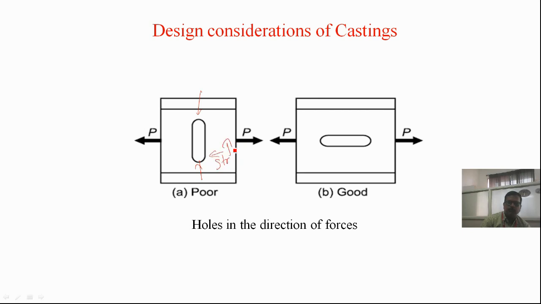Stress is more, and when you do this, these areas all have very nominal changes, so there is only a small reduction in area. That means the holes are provided in the casting in such a way that they are parallel or in line with the application of forces rather than perpendicular to the forces.